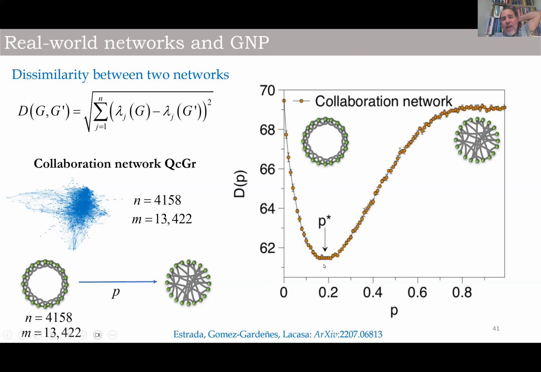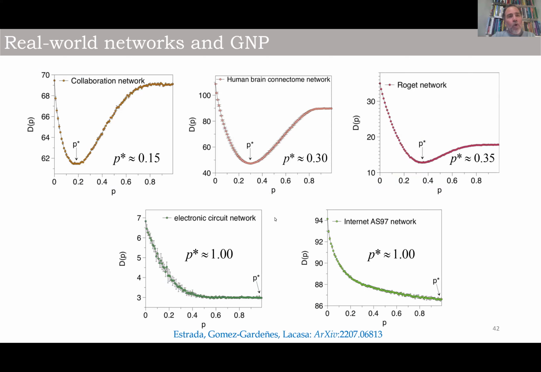Then, for instance, for the collaboration network in quantum gravity, which is this network, what we observe is that there is a minimum in this dissimilarity at exactly about the good navigational point. So it means that this particular network is most similar to the Watts-Strogatz model exactly at the good navigational point, as if this network had been designed to have these good navigation properties. Of course, this is not always the case.